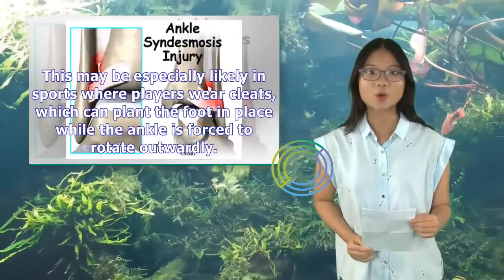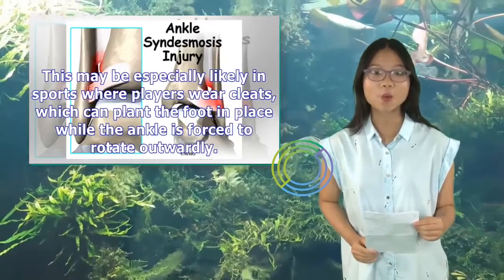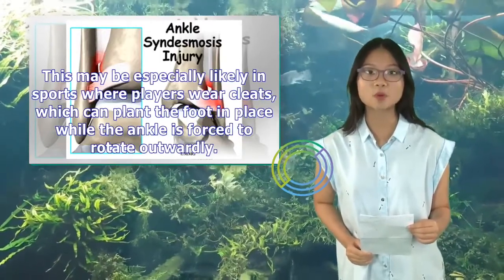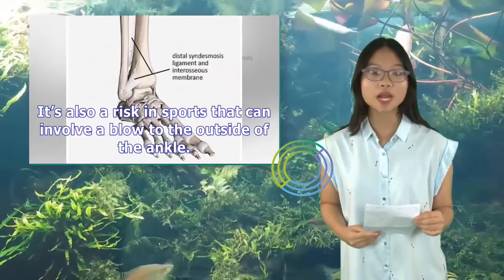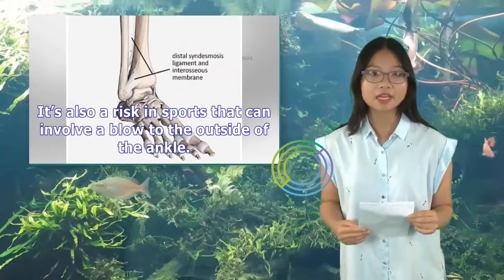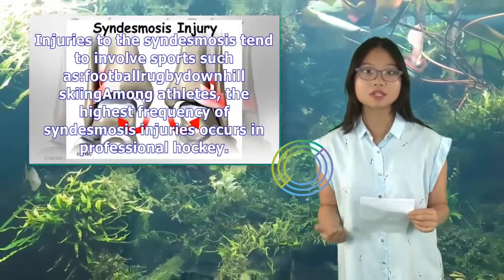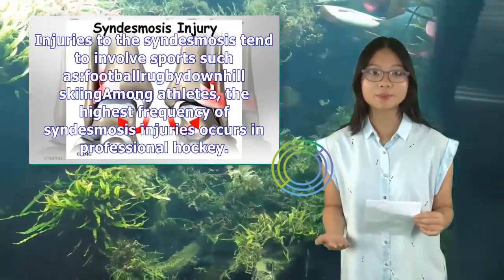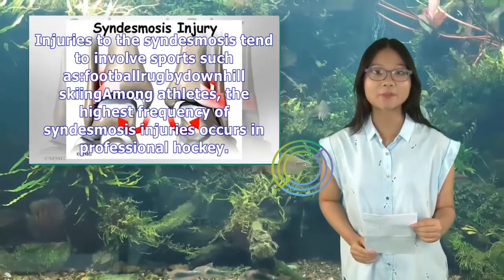This may be especially likely in sports where players wear cleats, which can plant the foot in place while the ankle is forced to rotate outwardly. It's also a risk in sports that can involve a blow to the outside of the ankle. Injuries to the syndesmosis tend to involve sports such as football, rugby, and downhill skiing. Among athletes, the highest frequency of syndesmosis injuries occurs in professional hockey.